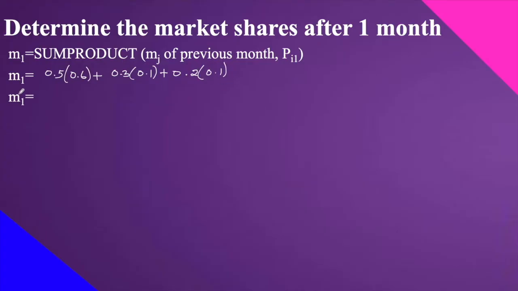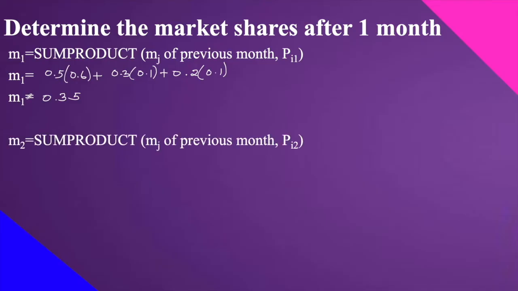And mathematically speaking, guys, if you use your calculator for the computation of this statement, this is equivalent to 0.35. Meaning, this will be the market share of Globe after 1 month, because 1 is Globe.